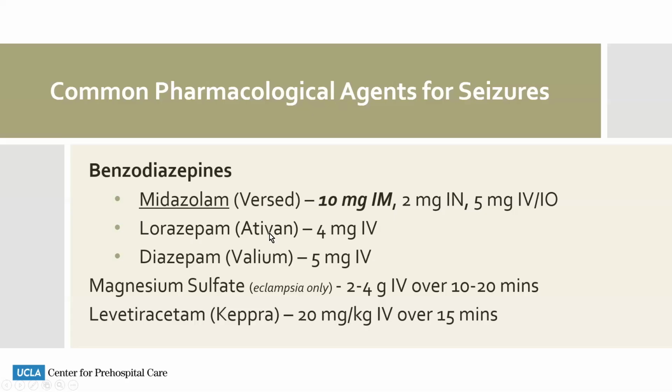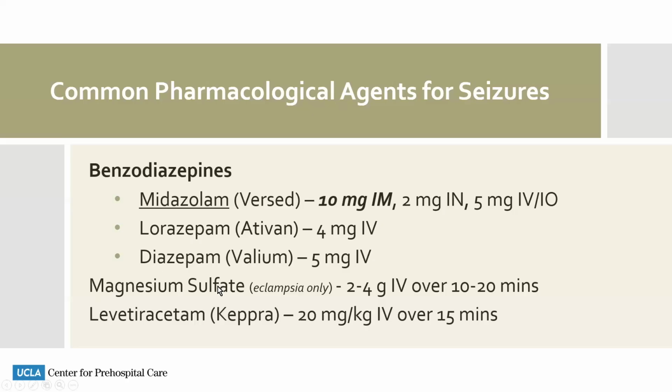The other drug we can give is Ativan, which is also a benzodiazepine, and or Valium. Now, Valium is lesser used because of the possibility of causing respiratory depression. So midazolam is a newer drug and it doesn't cause as much respiratory depression. And as you know, the patient is postictal for a while, so you want to make sure he doesn't have more problems to deal with his breathing by giving him diazepam.